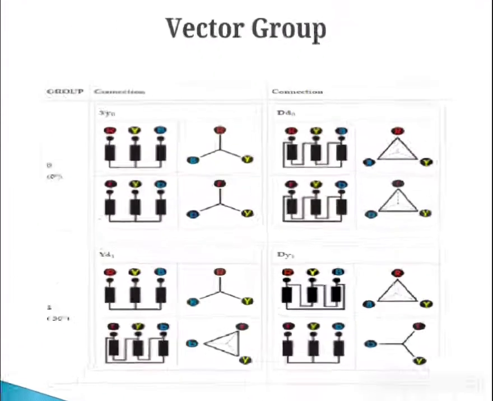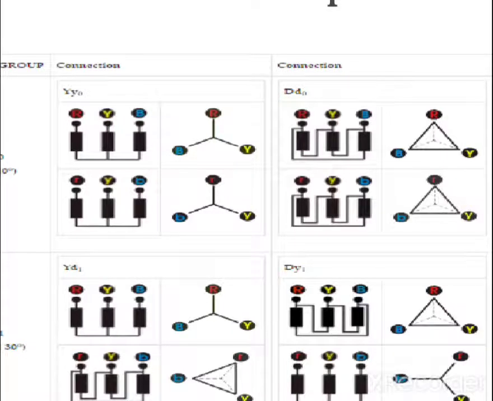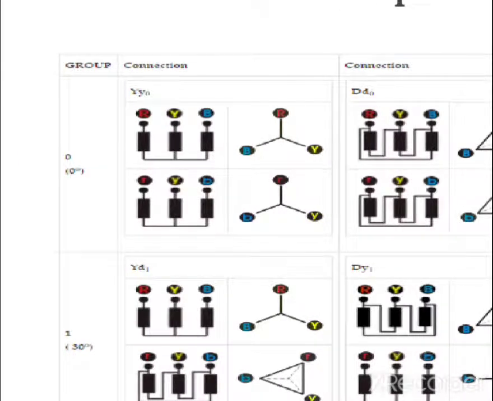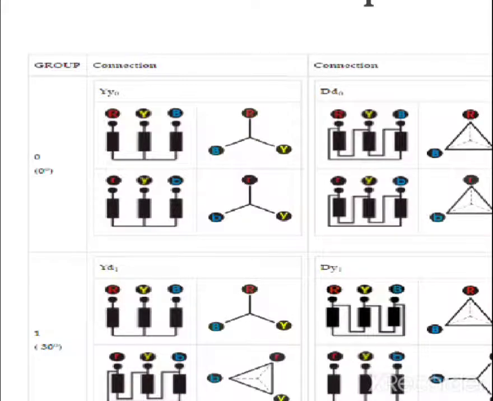First one is the zero group, 0 degree. There will be connections for YY0 and delta delta 0, shown in the first row. Then for the group of 30 degree, YD1 and DY1 connections are shown here.